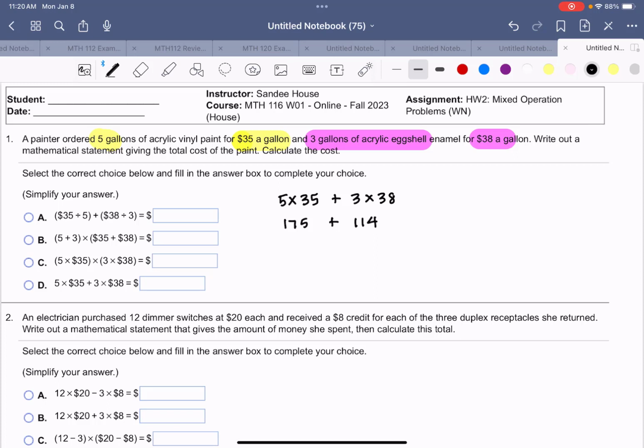You do the multiplication before the addition, and then 175 plus 114 will give us 289. So 5 times 35 plus 3 times 38 is $289.